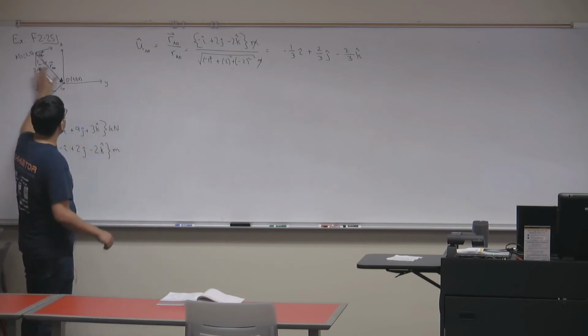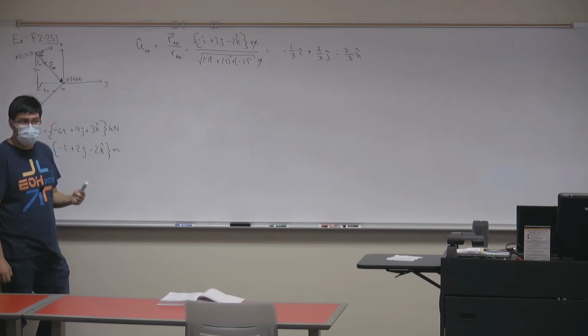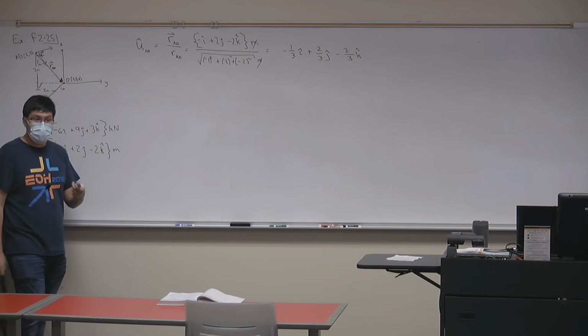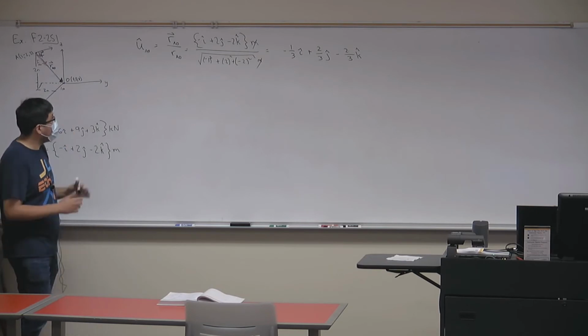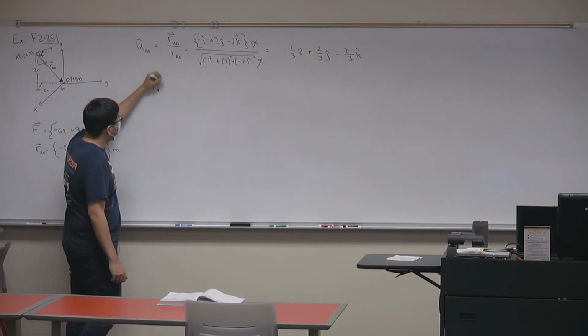What else do we need to create this projection? We need the projection of F onto the line AO. Okay. And how do I find that projection? I'm going to call it F parallel, or F_AO, whatever you want. How do I find it?